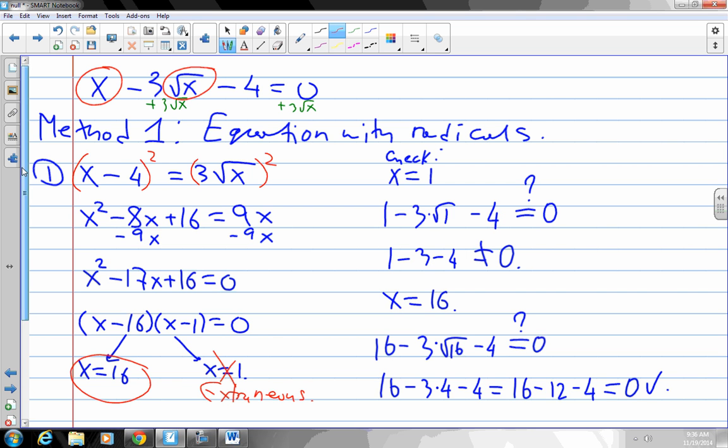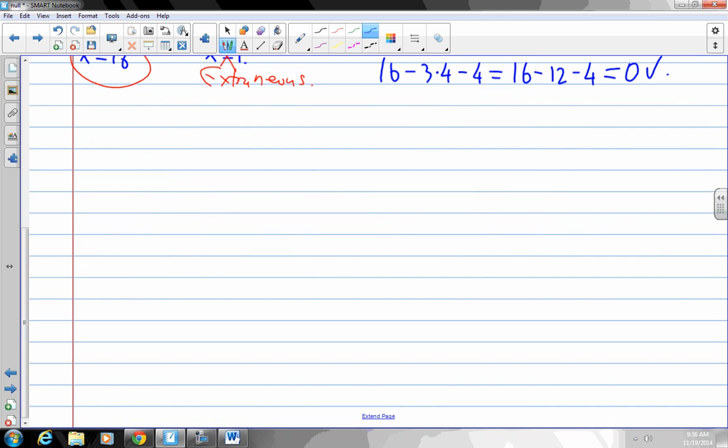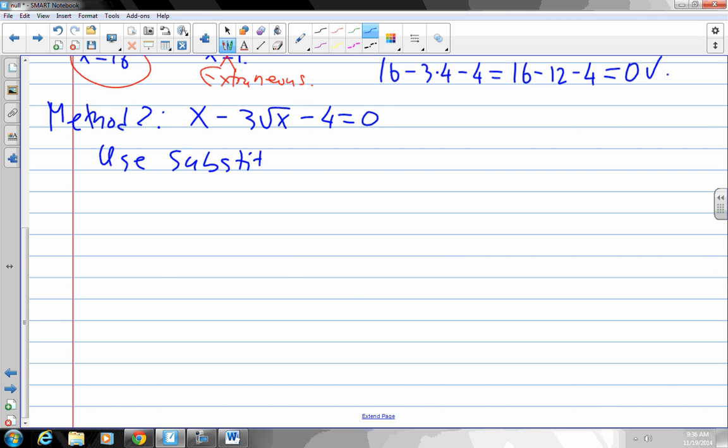If I solve this by substitution, so the method 2 here, so again, the equation was x minus 3 root x minus 4 equals 0. I'm going to use substitution. That's basically what this is called, equation of quadratic type.